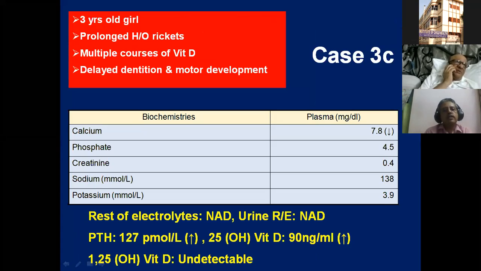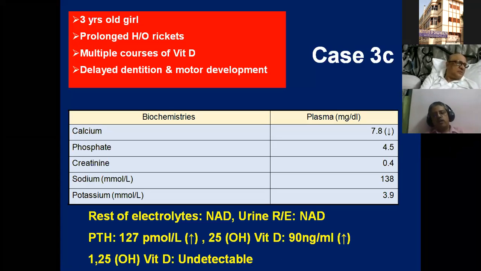This one was a 3-year-old girl with a prolonged history of rickets. Now here you see, again, as they usually come to us after they have been given multiple courses of vitamin D and it has not worked. Here what we classically see is the 25 hydroxy vitamin D is high, but 1,25 dihydroxy vitamin D is undetectable.